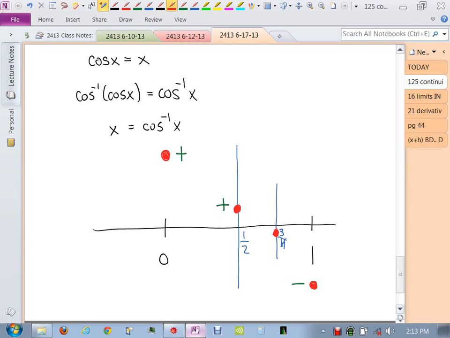It's in between where and where? 1/2 and 3/4. So what does it do? It bisects again. Now it's doing this like in nanoseconds, right? I mean, it does another test there. And that one would test out to be positive. And then it bisects again.